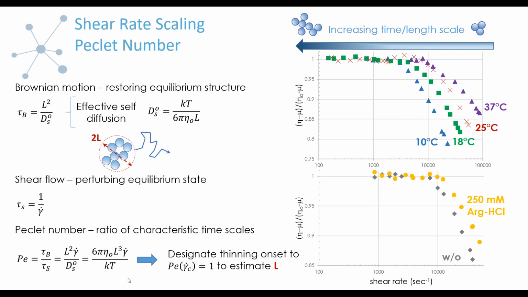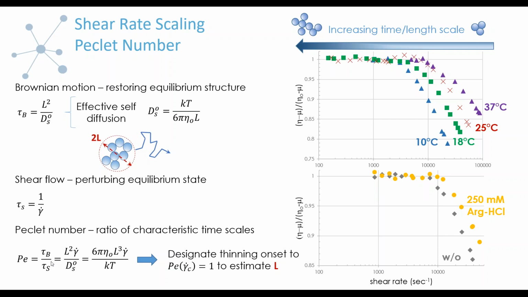And just to qualitatively think about this Peclet number, you can imagine that when Brownian motion is very rapid, on a time scale much smaller than the shear flow time scale, then the Peclet number will be small. It'll be less than 1.